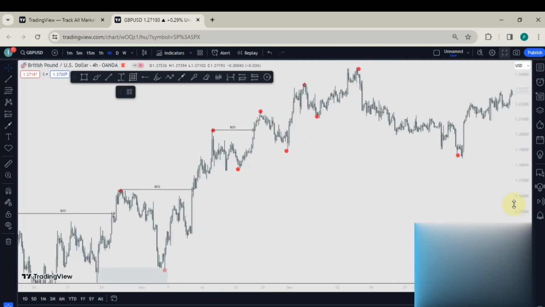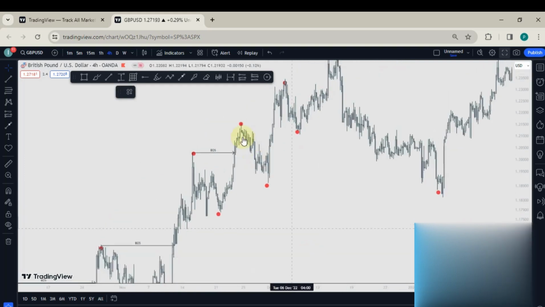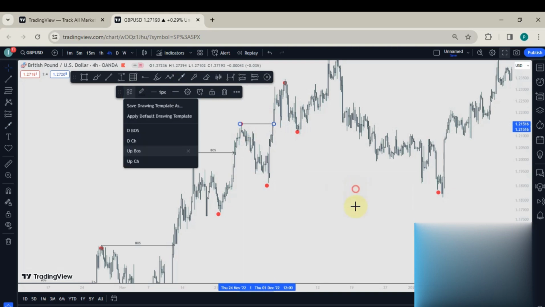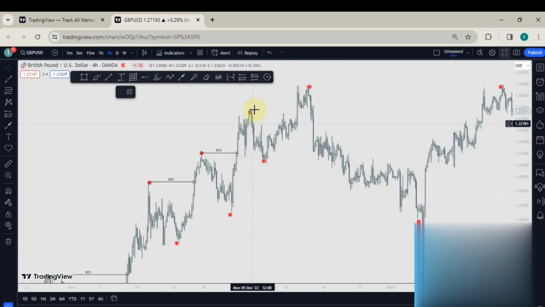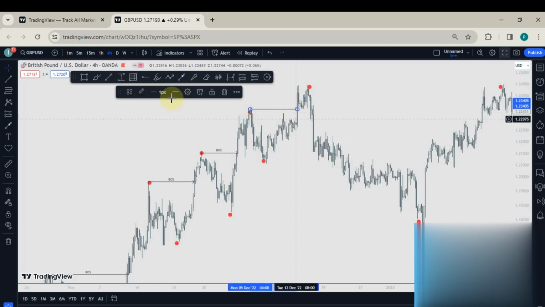And again, this lower low breaks this higher high, forming a break of structure here. And again, this higher high gets broken by this lower low, causing a break of structure.